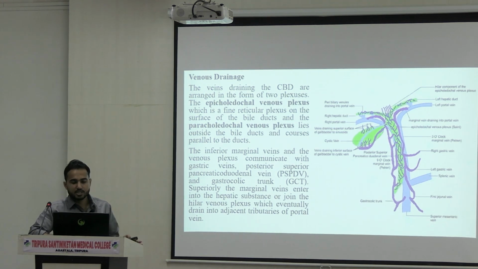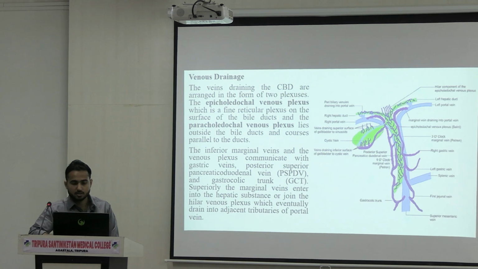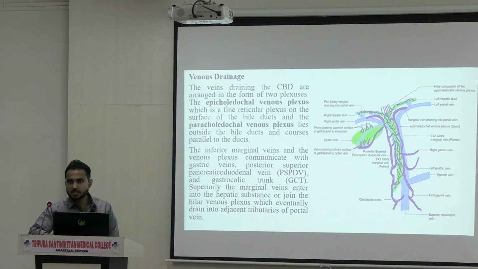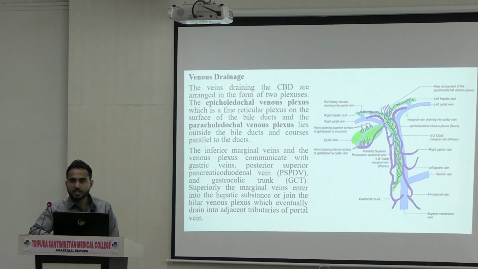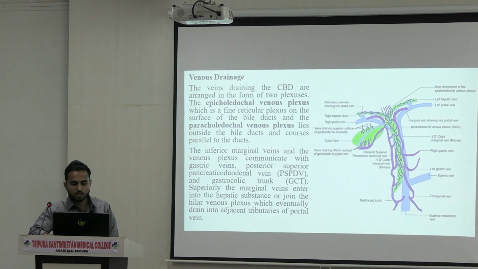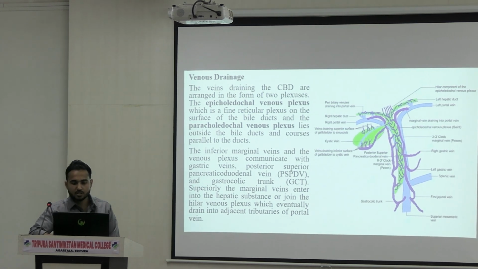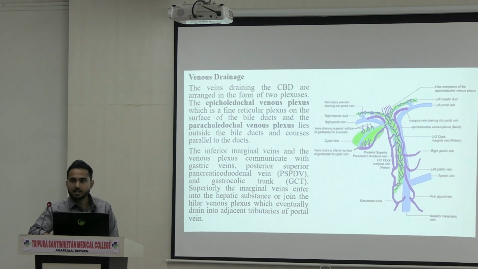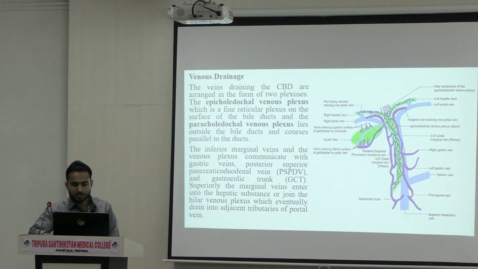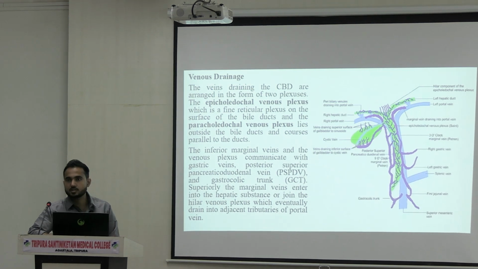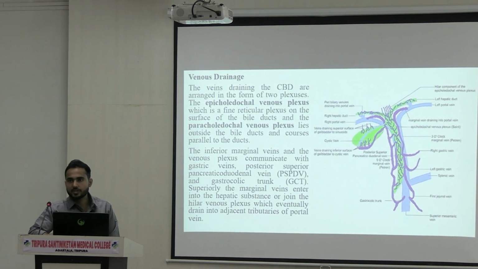From these plexuses, the inferior marginal vein and the superior marginal vein are there. The inferior marginal vein will communicate with the gastric vein, posterior superior pancreaticoduodenal vein, and gastrocolic trunk, and superiorly it will enter into the hilar plexus and eventually drain into the portal vein.